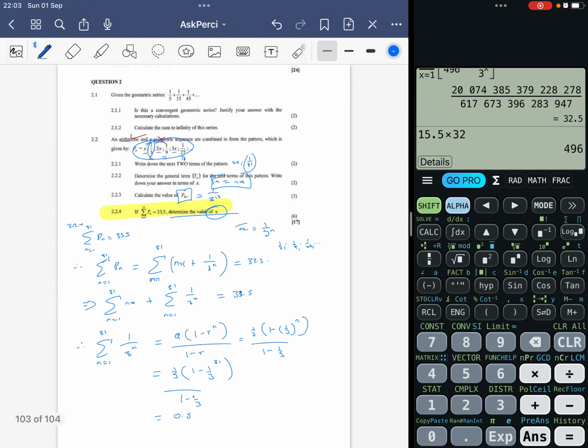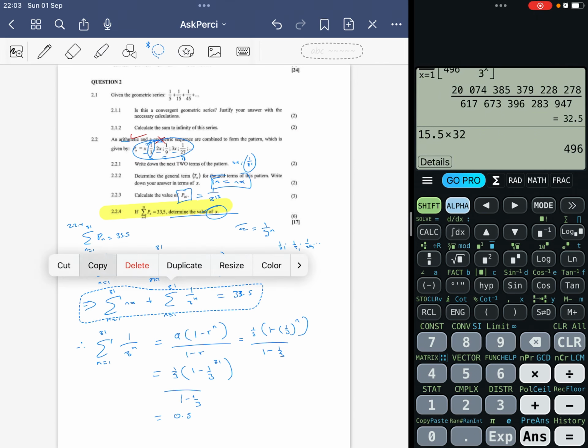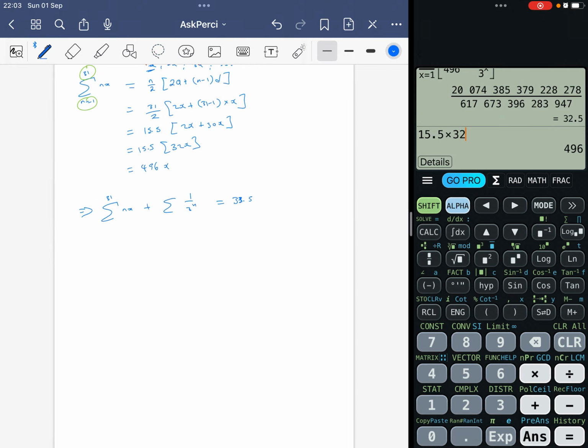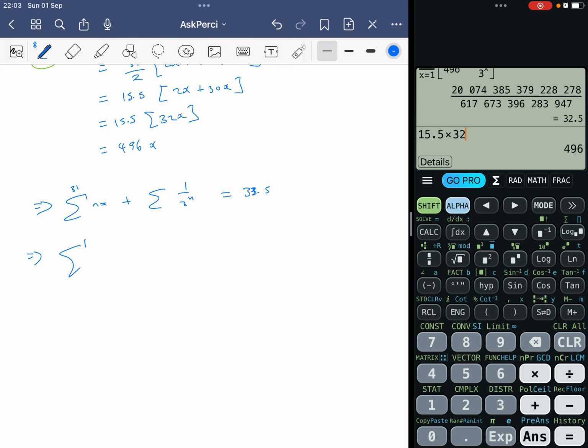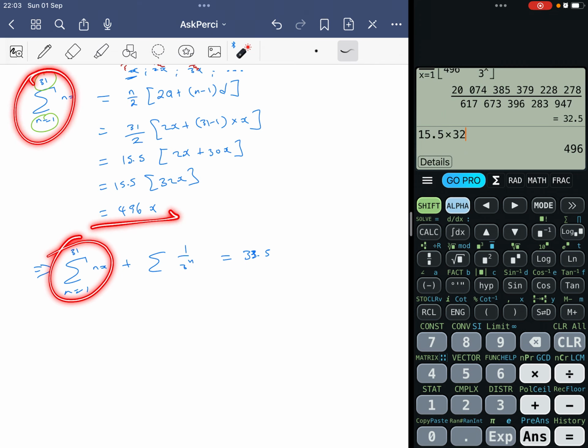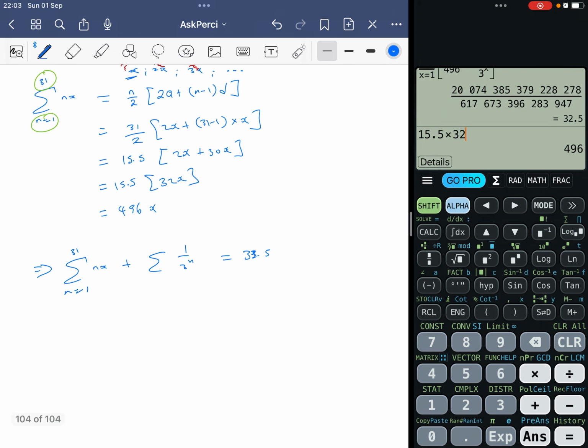Now back again to what we have. We know this should be equal to 33.5. And what do we know? We know the sum of 31 terms, and we know this is equal to that. So this is equal to 496x.